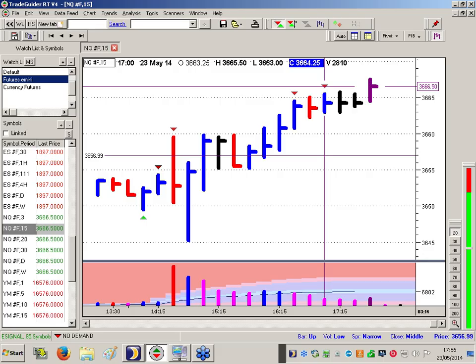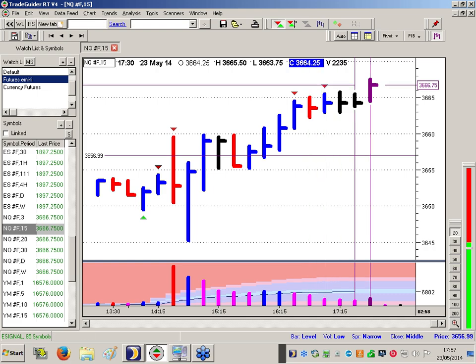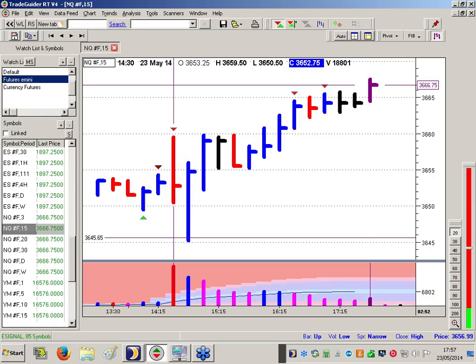So if you want to do a bit of scalping, if you look out for these no demand up bars with a red arrow, followed immediately by a red down bar, narrow spread, close in the middle or high, volume less than the previous two, you know you're going to get higher prices. But here, you've got this fantastic shakeout, look.